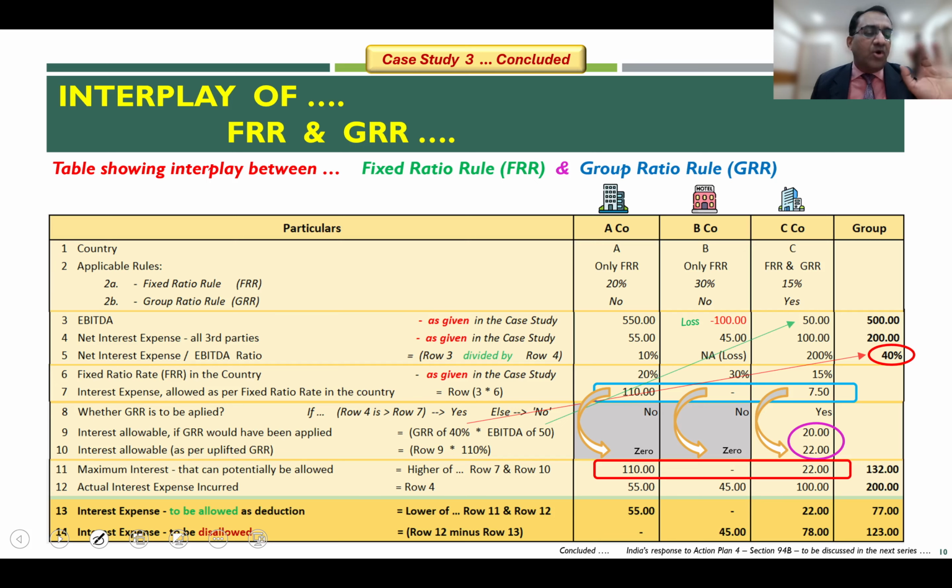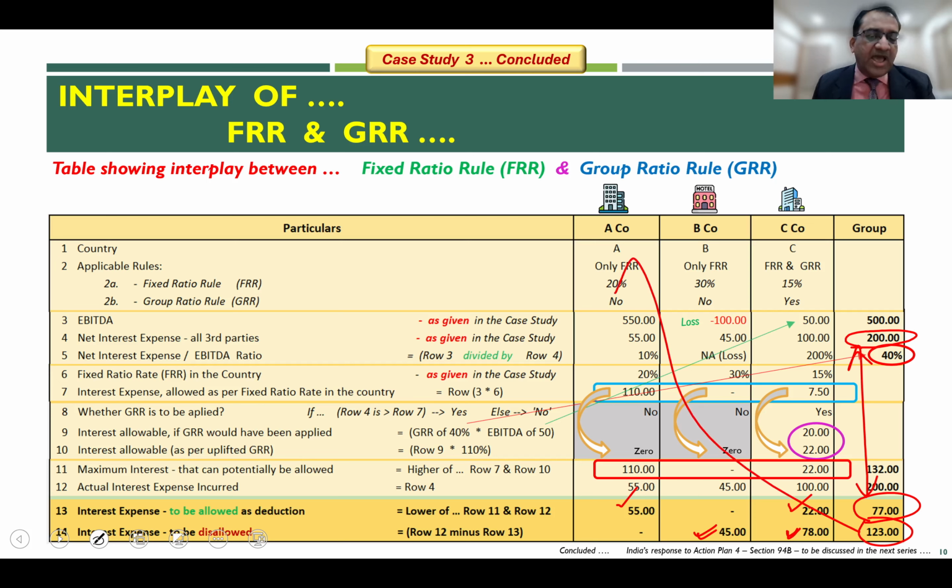So on an overall basis, though 200 worth of interest has been incurred at the total group level, what is allowed is only 77, split between 55 of ACO and 22 of SICO, and the balance 123 is disallowed, consisting of disallowance for BCO and SICO.